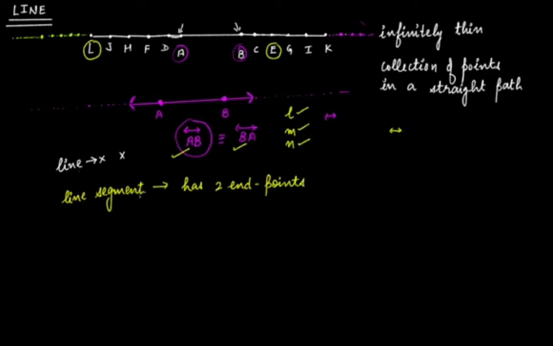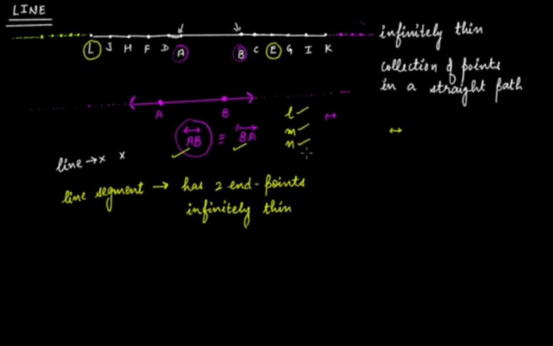A line segment always exists between 2 endpoints, and it's also infinitely thin, because it's a section being taken from a line. But the main thing is it will have 2 endpoints.